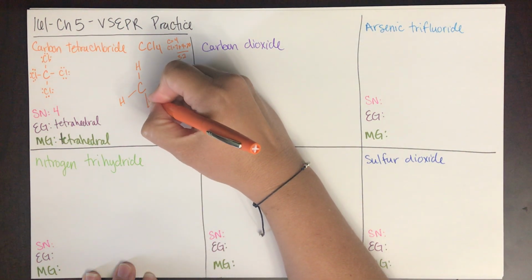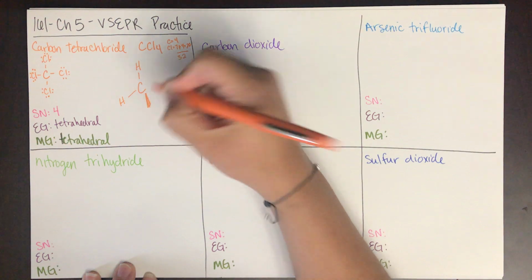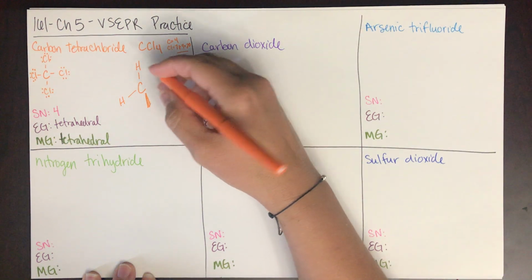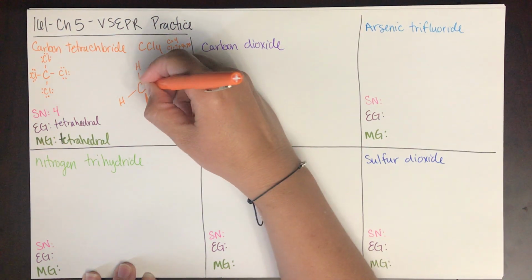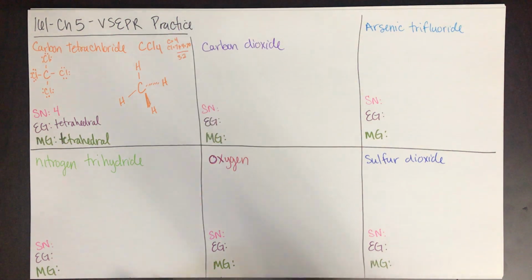You draw a wedge to indicate the atom that is coming towards you, and then you draw a dash for the atom that is going into the plane. The bond angles, I'm not going to ask you specifically about, but you should be comfortable identifying and drawing the shapes of molecules for steric numbers 2, 3, and 4.